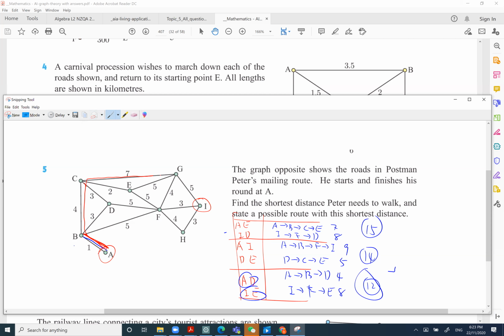So F, G. Here, here, here, they all no repeat. We just try to not repeat. Then I to E repeat, going back here. So you know which part you are going to repeat. IFE repeat, ABD repeat. Other part just one way.